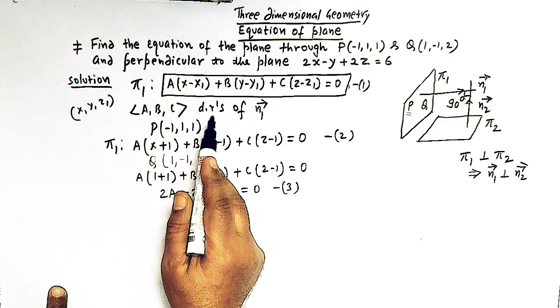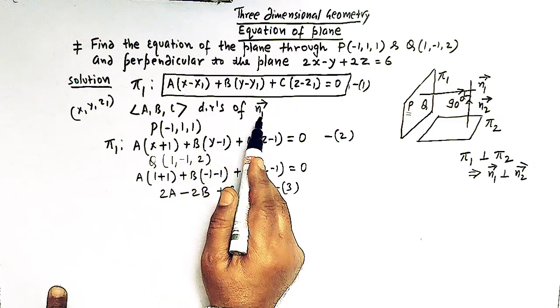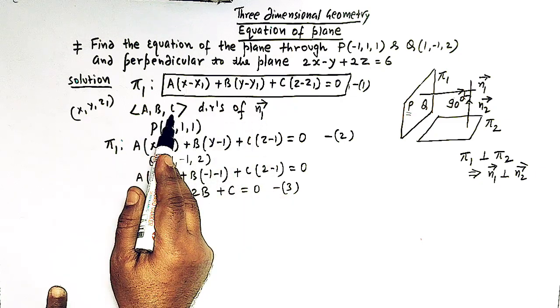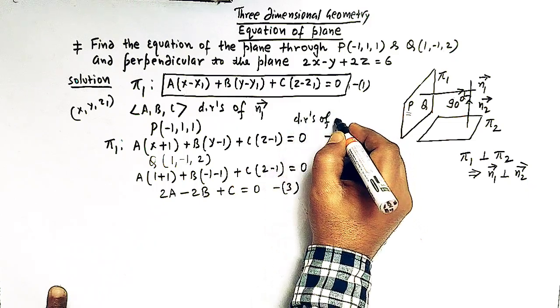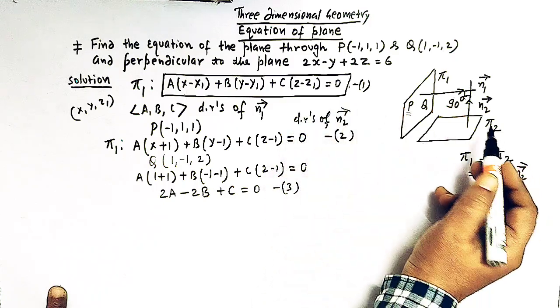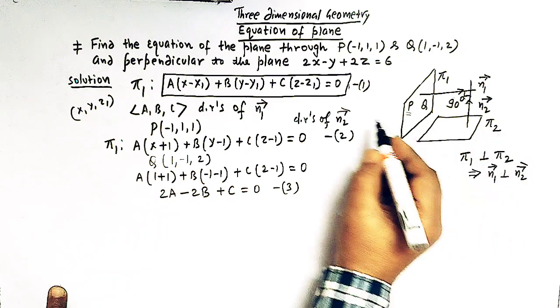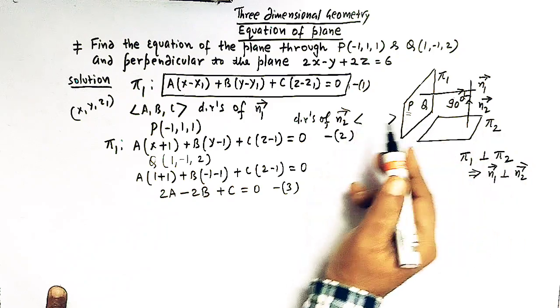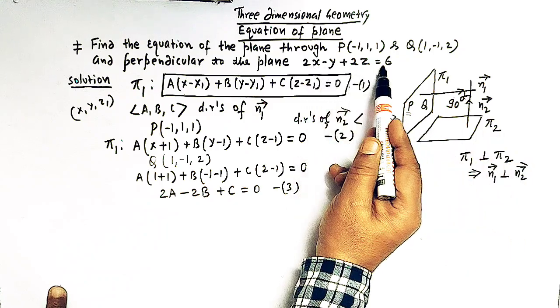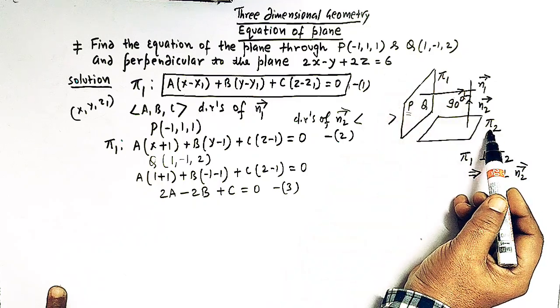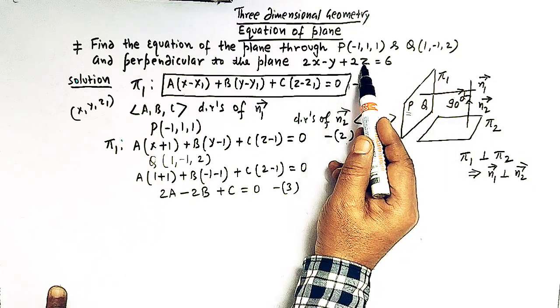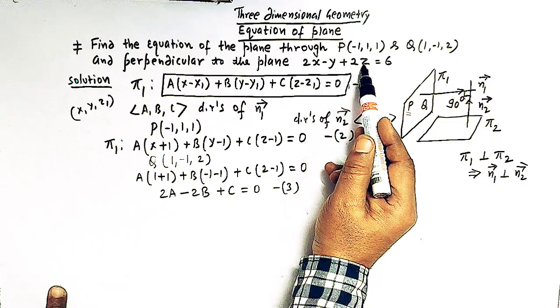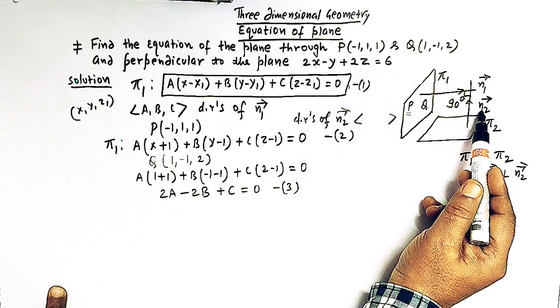Now see, the direction ratios of the normal vector n1 are a, b, c, and the direction ratios of the normal vector n2 to this plane pi 2 may be written with the help of the equation of this plane pi 2. So here the coefficients of x, y and z give us the direction ratios of the normal vector n2.